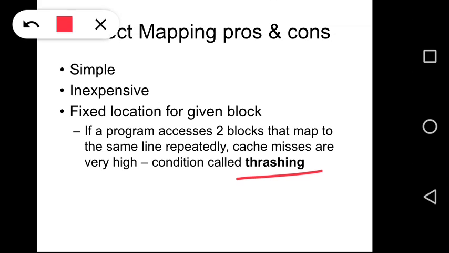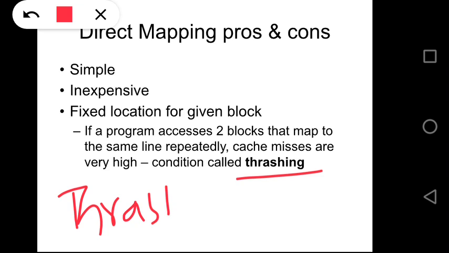So remember this word, thrashing. Thrashing means if the user program tries to access two memory blocks which can be mapped to the same block number in the cache.